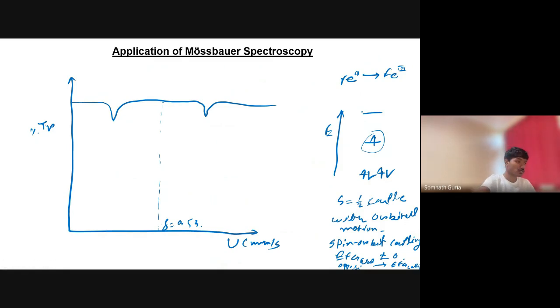As it is opposing the EFG lattice, it shows this kind of result.